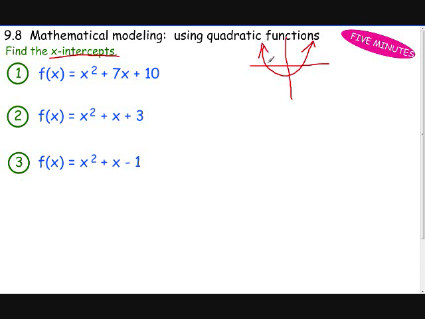And where that graph crosses the x-axis, those 2 points are the x-intercepts. One of the things we know for sure at an x-intercept is what the value of y is.